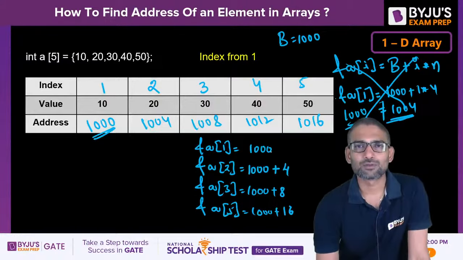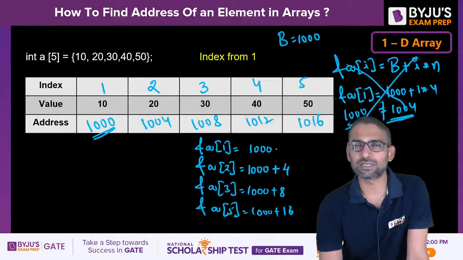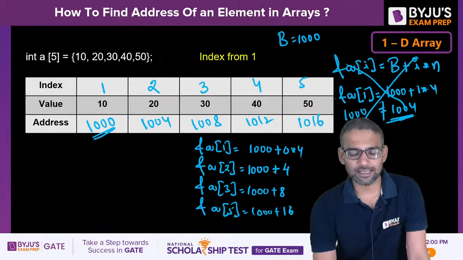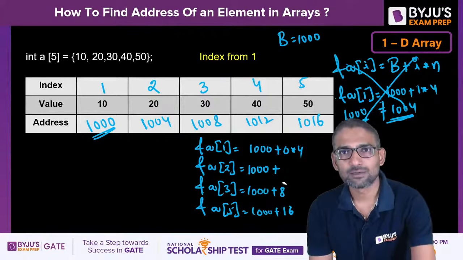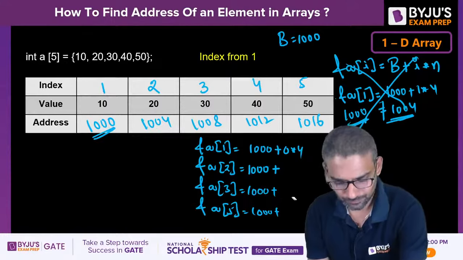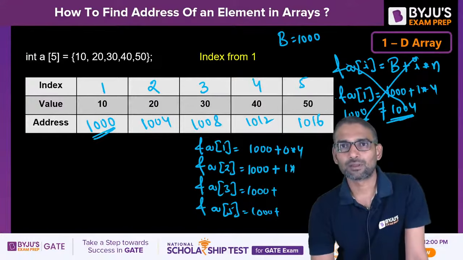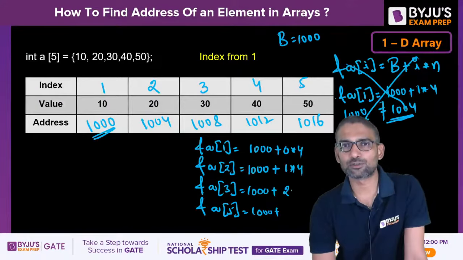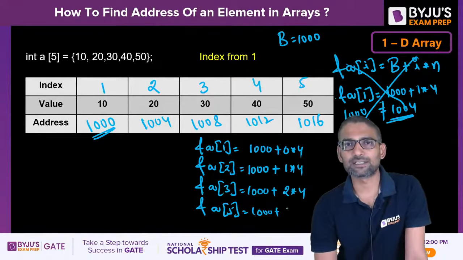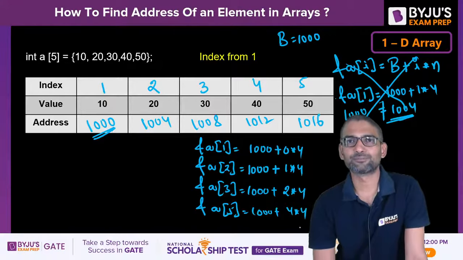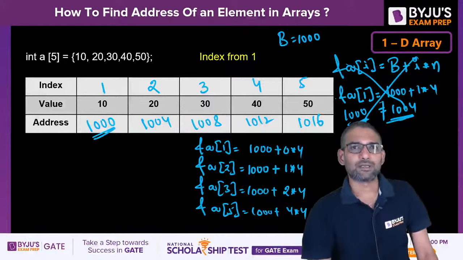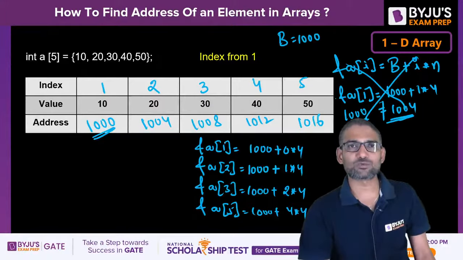So can I write it as 1000 plus 0 into 4? Similarly, can I write 4 as 1 into 4, 8 as 2 into 4 and 16 as 4 multiplied by 4. So please observe this. If I am having index 1, I am having 0.